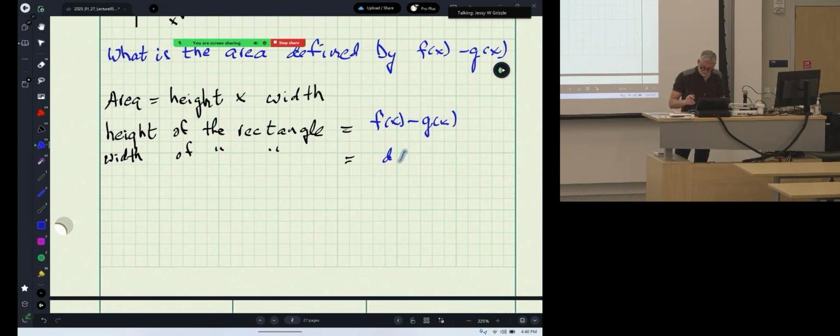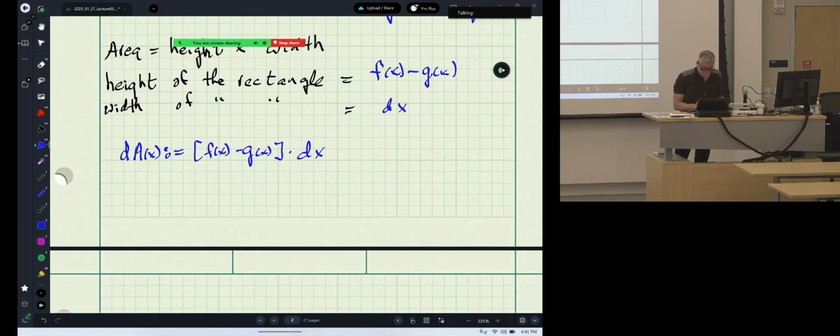So then the differential area at the point x, I'm going to define to be f of x minus g of x times dx. So this is height and then differential width.